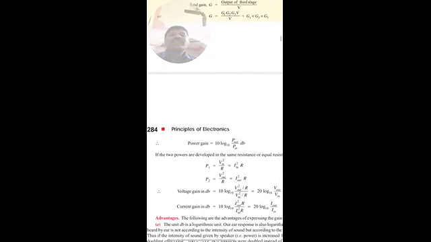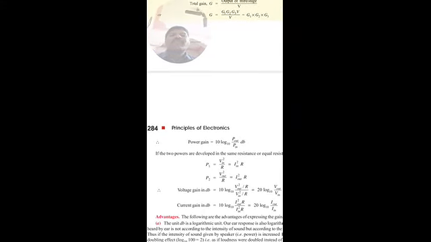So that we call it as 1 bel is equal to 10 dB. So power gain, we have the relation 10 log of P out by P in to the base 10.